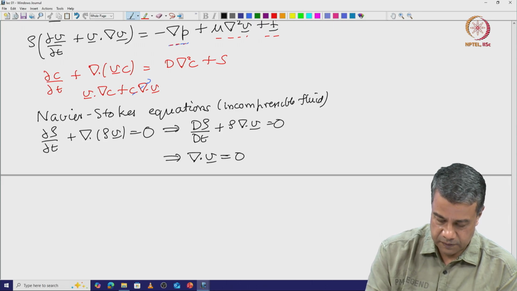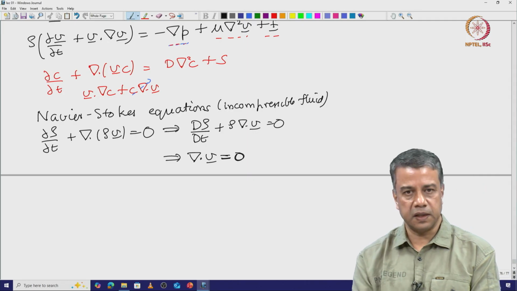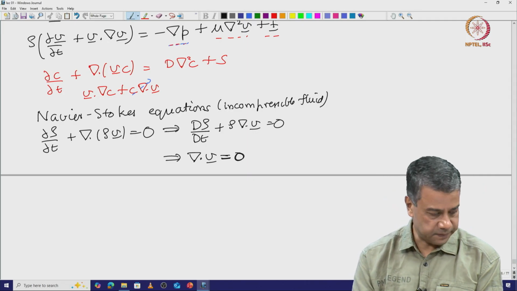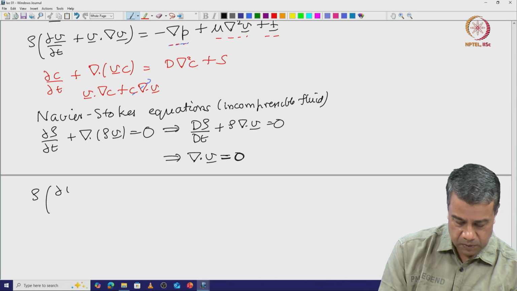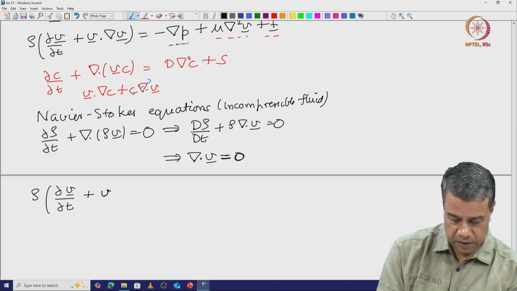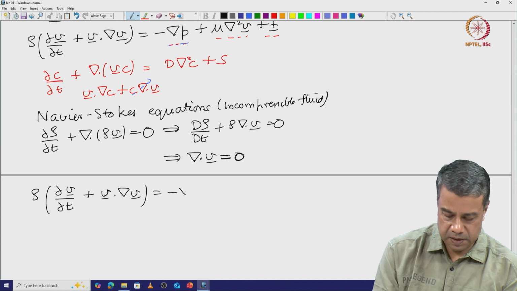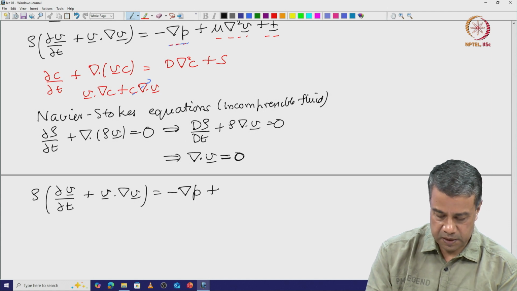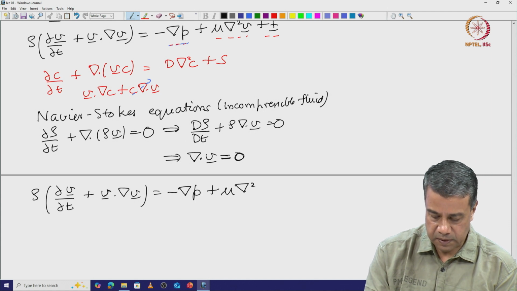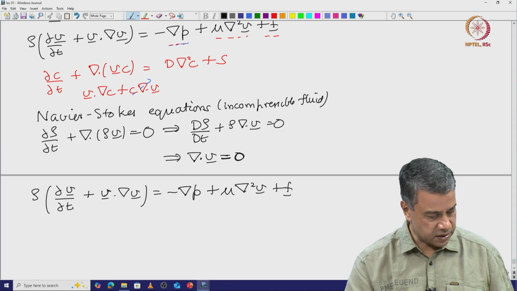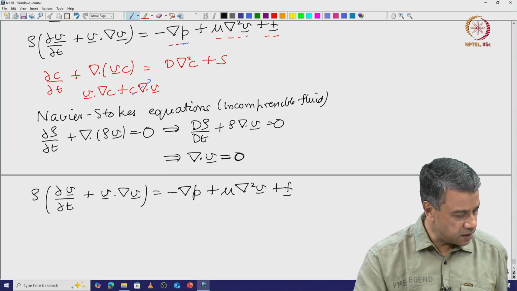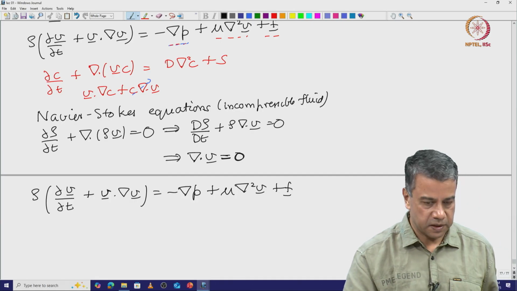Momentum conservation: rho into partial v by partial t plus v dot grad v is equal to minus grad p plus mu del square v plus the force vector, the force density. So, these are the Navier-Stokes mass and momentum conservation equations.